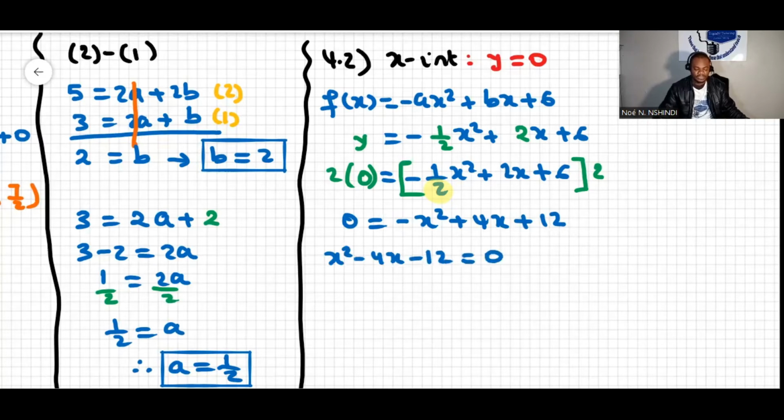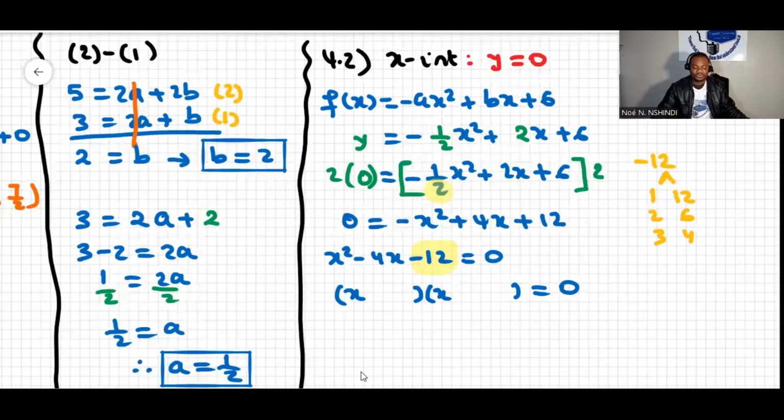Now we can solve for x. I put x in a bracket like that, and x also in a bracket, equal to 0. Now I'm going to consider the constant term -12. Over here I write -12, and the factors of 12 are 1 and 12, 2 and 6, 3 and 4.